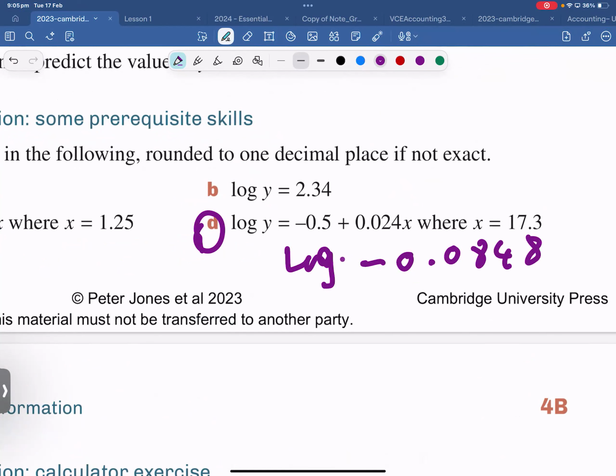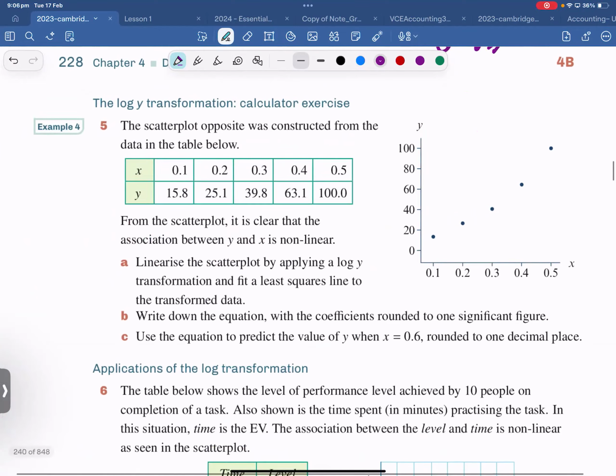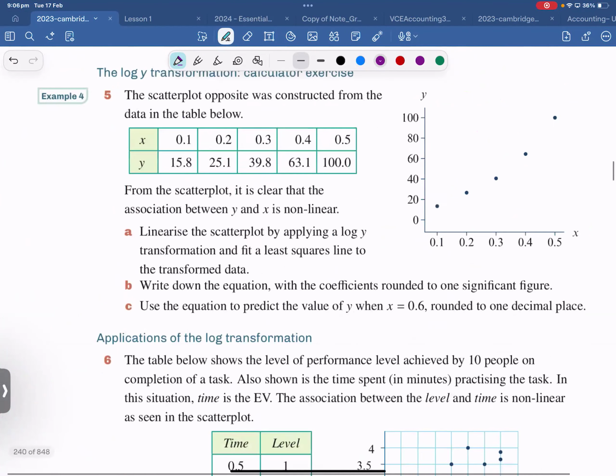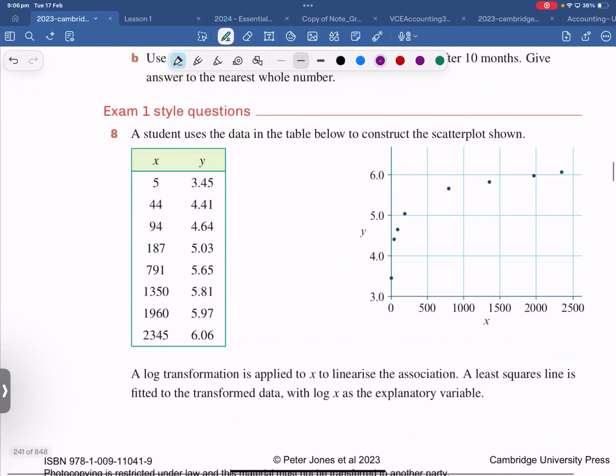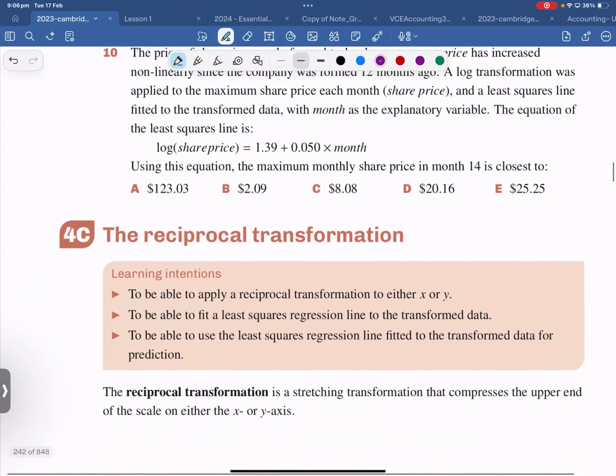Then for the anti-log of this one, you have to press anti-log and then execute. You are getting 0.8. Right. Again, I can't ask you to do this one because you guys don't have the CAS. Yeah, do question number 9 and 10.